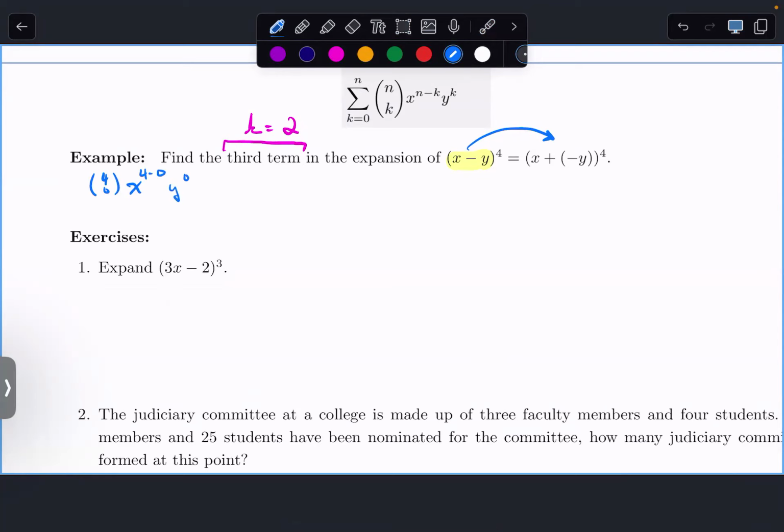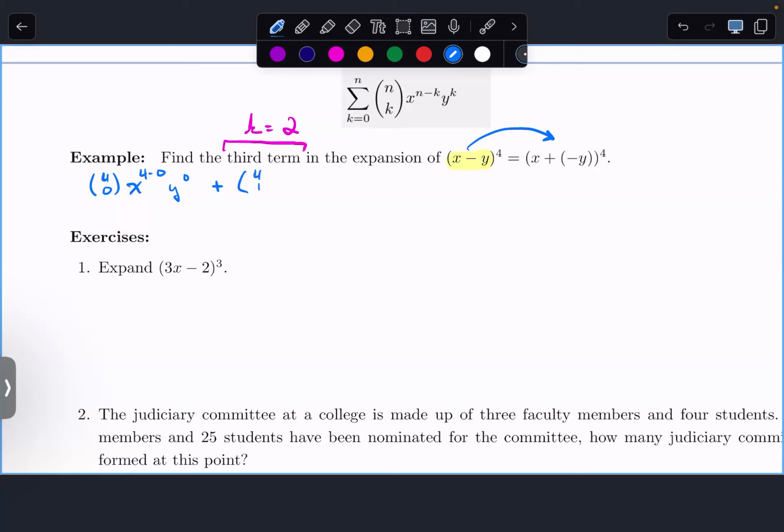A lot of these you don't need to write. 4 minus 0 is just 4, y to the 0 is just 1, so you could skip those if you wanted to. But I want to write them so when you're looking back, you can see where I got things from.